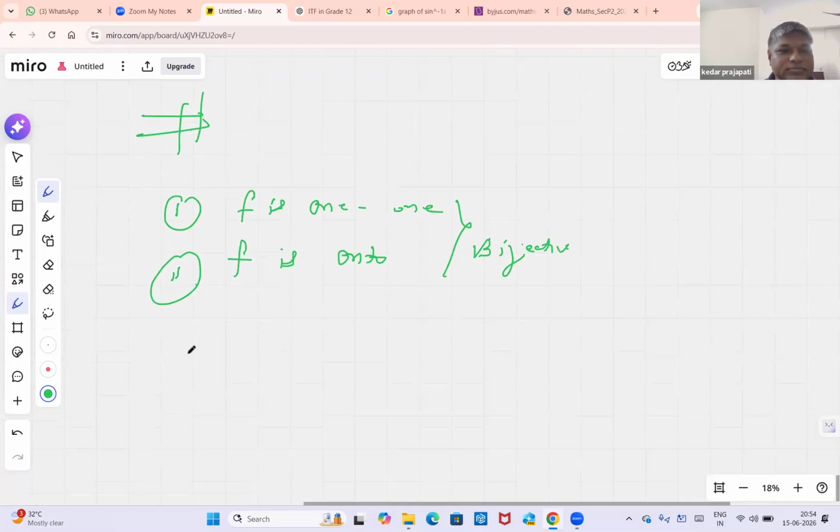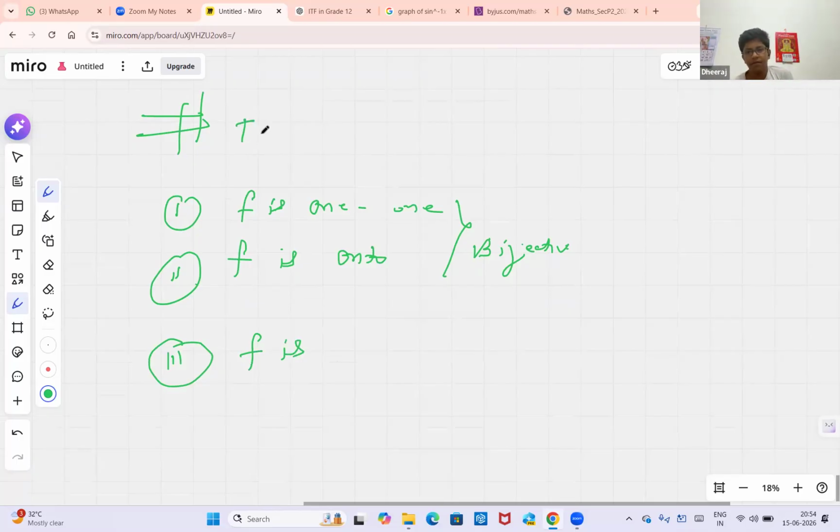And f is strictly increasing or decreasing. I'm coming to inverse trigonometric functions now. The properties of inverse trigonometric functions are: the function is one-one, the function is onto, f is strictly increasing or decreasing.